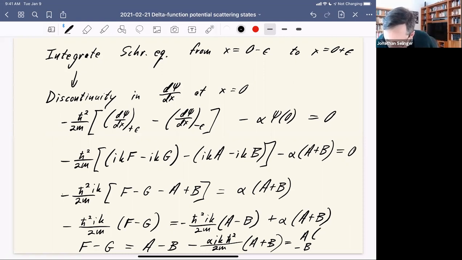Okay, so it's A times 1 minus alpha ik ħ² over 2m, and then B times 1 plus alpha ik ħ² over 2m.